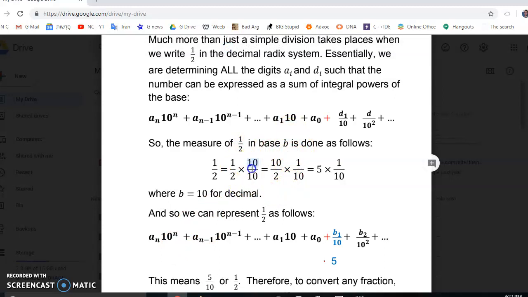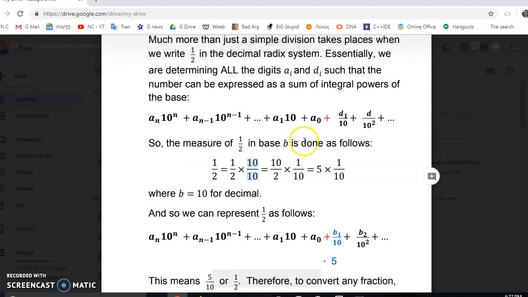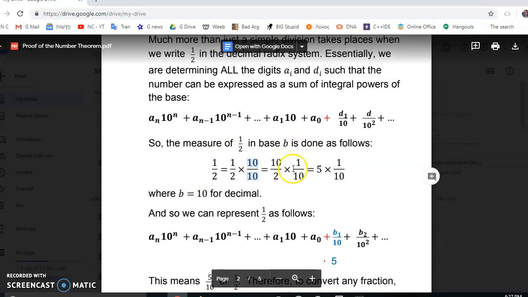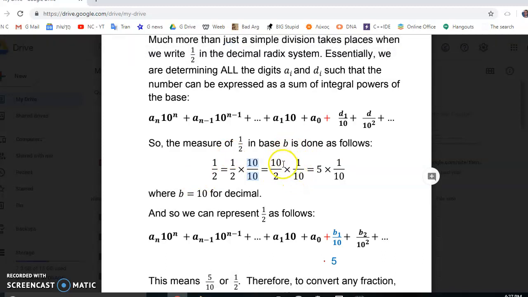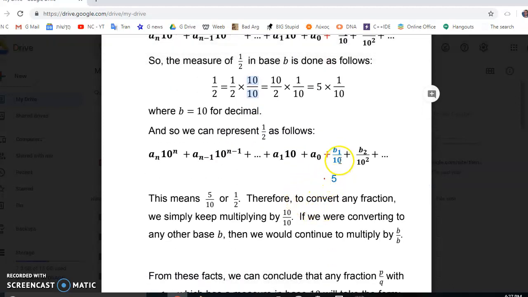We simply multiply a half by 1, meaning we're not changing its value. And then we switch the 10 and the 1 around because we are allowed to do that when we're multiplying fractions. And then we can divide 10 by 2 and we get a 5. And then all we have to do is write that 5 under the column which is labeled tenths, as you see over here, okay?